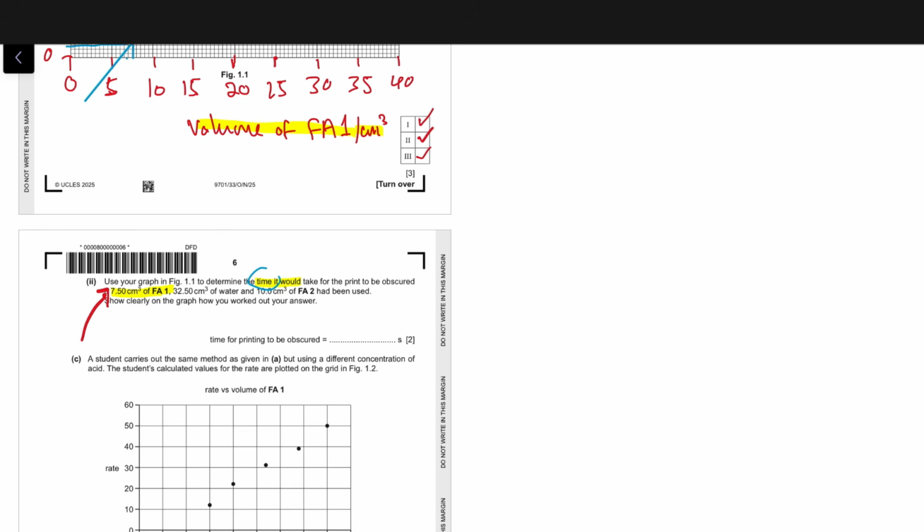And really, time and rate are inversely proportional. So if rate is equal to 1,000 over time, then time would be equal to 1,000 divided by rate. Sorry, I don't know if I said that right. What I mean is time equals 1,000 divided by rate.